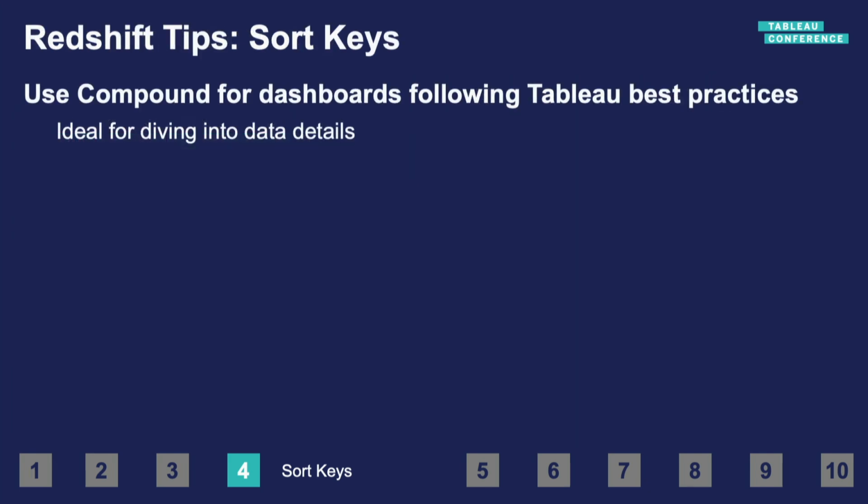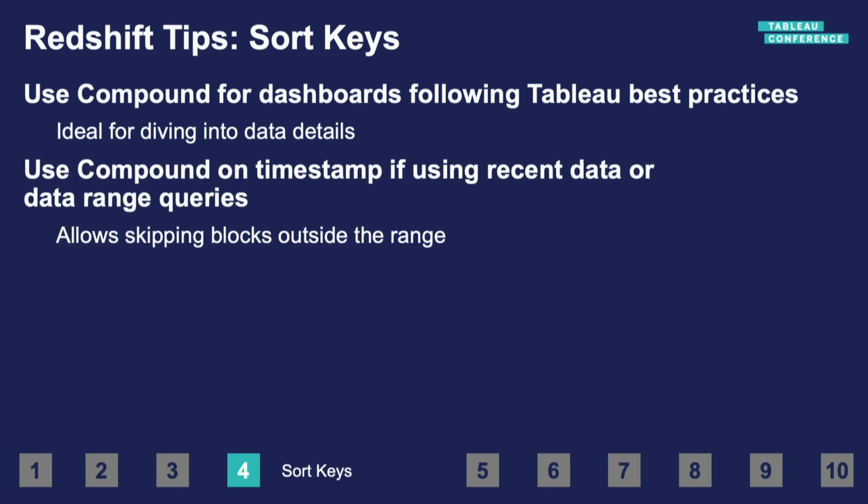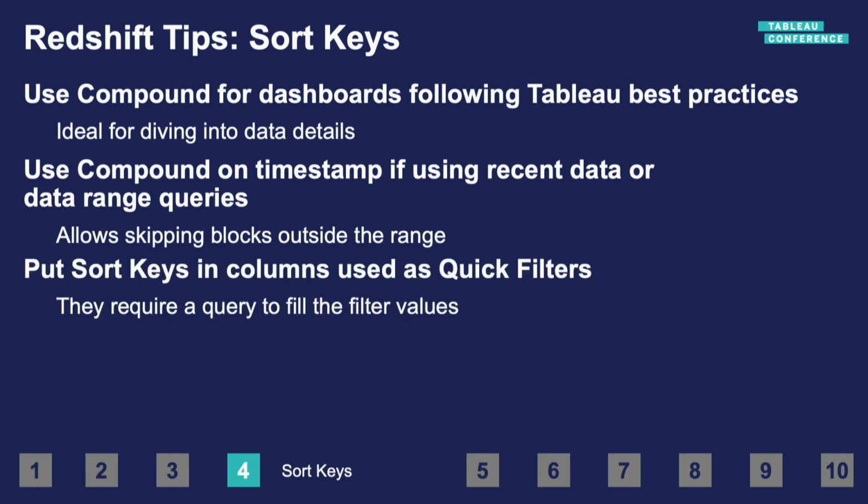All right, so tips. You want to use compound for dashboards for a reason I told you about, right? You want to be able to drill down, and have that drilling of the data be very performant as you get more specific. If you're using timestamp, then you want to use compound also, because then it can find the ranges of dates that you're looking for.